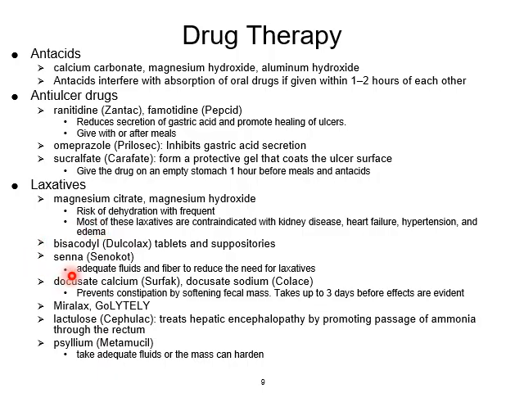Also, for docusate sodium, the Colace, it prevents constipation by making the fecal mass softer. And how does it do it?